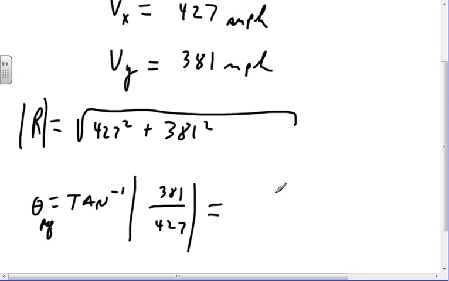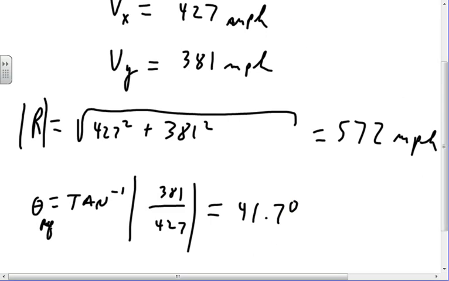So that's what I'm going to do first. Square root of 427 squared plus 381 squared equals 572 miles per hour. And then arctangent of 381 divided by 427, and I get my angle is 41.7 degrees.